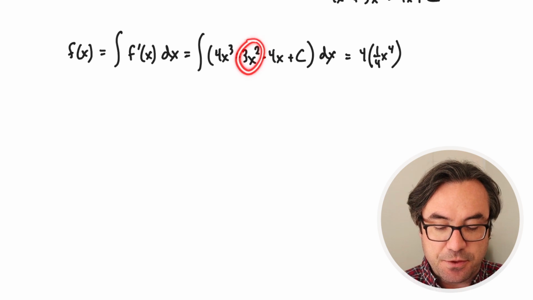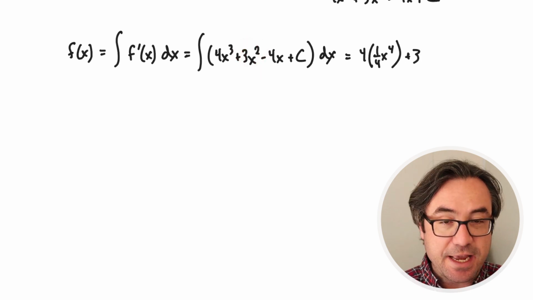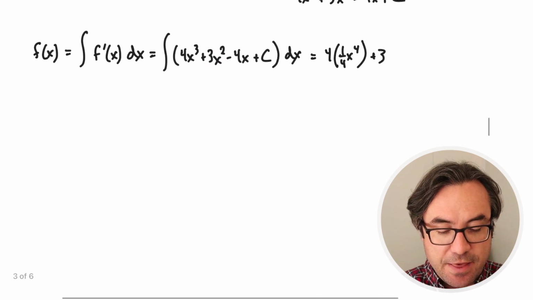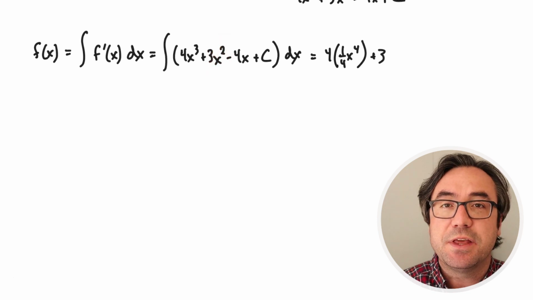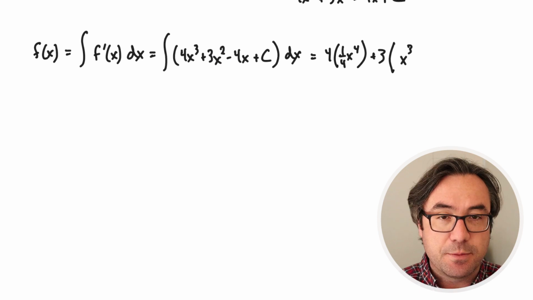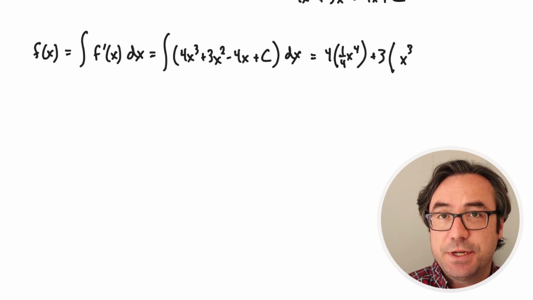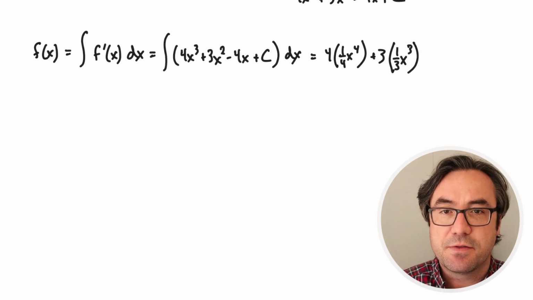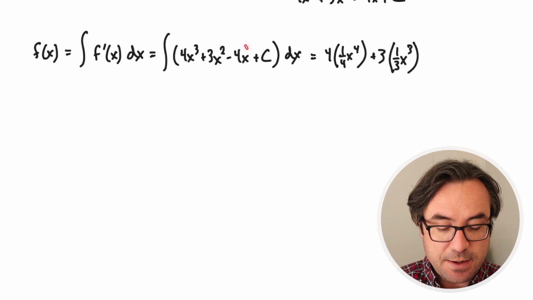Do the same thing for the 3x squared. The 3 is a constant multiple, so it'll stick around in front, and then we do our power rule on the x squared. Our variable is x, we add 1 to the exponent to get 3, take that new exponent, flip it, put it in front of the x. And we just keep working our way through.